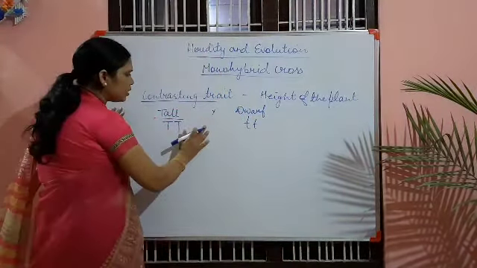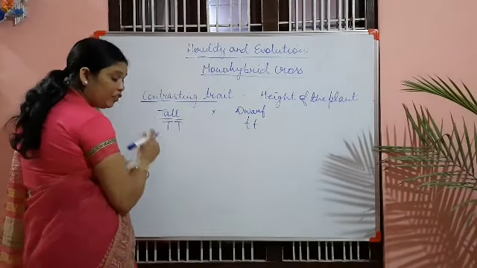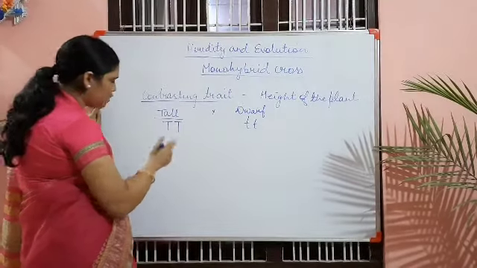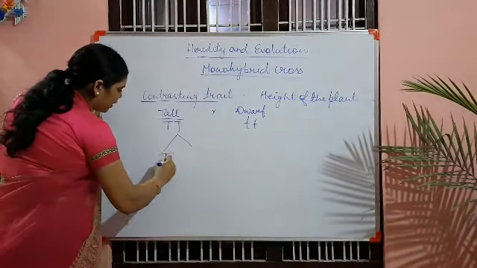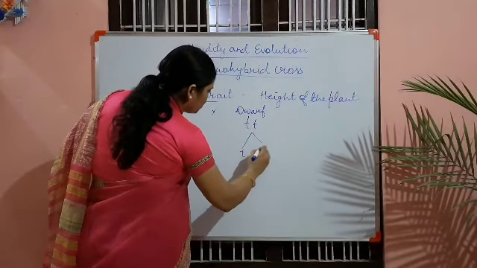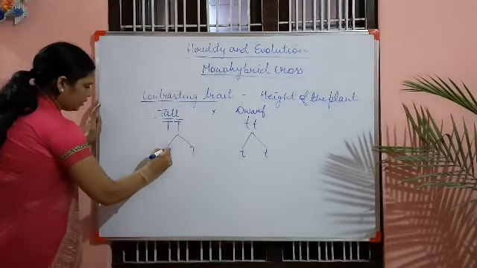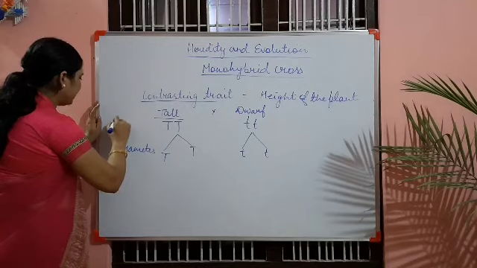So now we have to make a cross. In gamete formation, what happens? Haploid structure is formed. So these genes will be separated: capital T, and this one, what is formed? Small t, small t. Okay, these are gametes. These are parents.